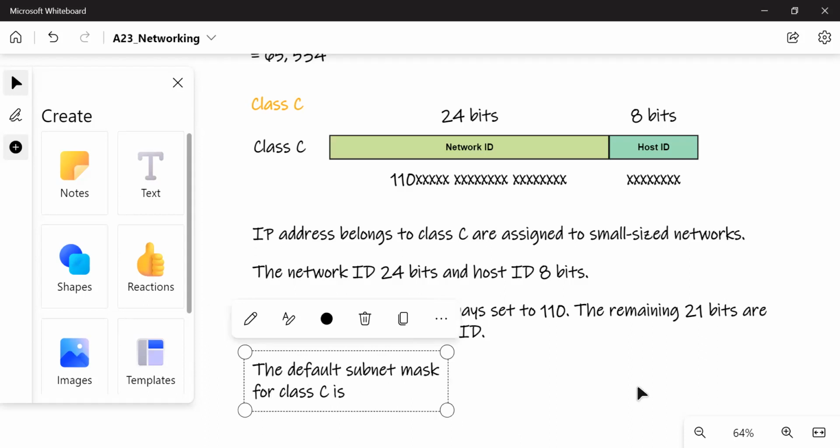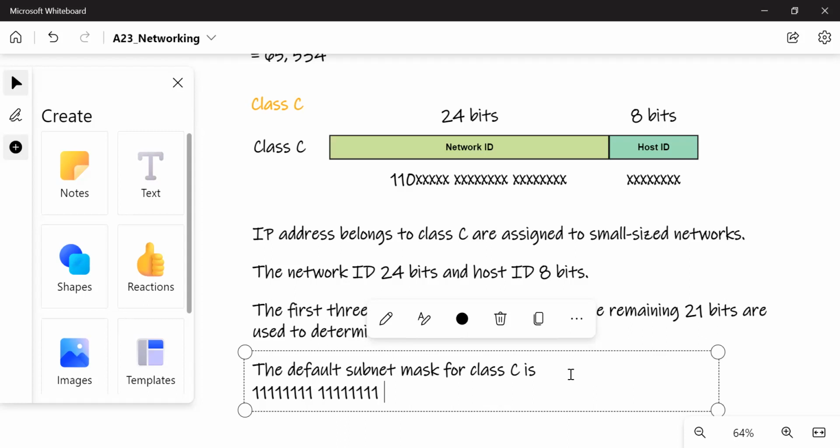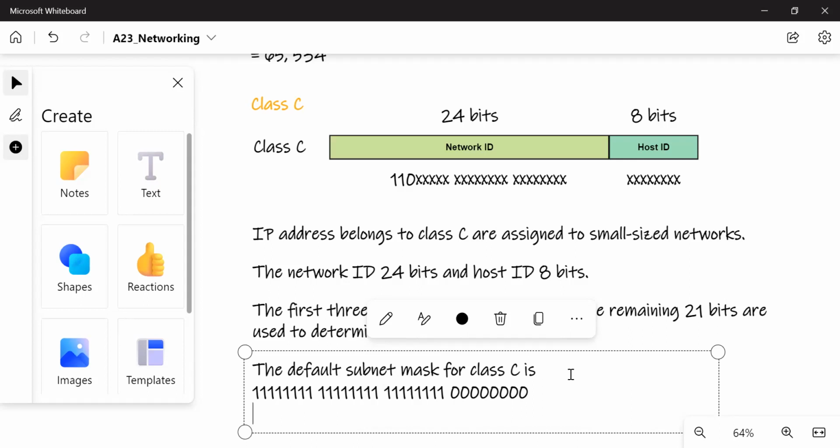What you need to remember about this one is when you talk about the subnet mask, we set all ones for the network. So we will have 24 bits, all ones, and the remaining 8 bits, we have 0. So in default decimal notation, we can say this is 255.255.255.0.